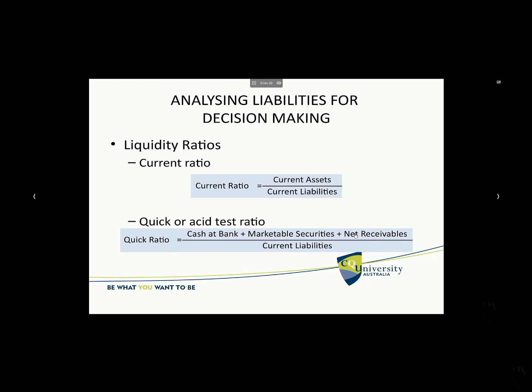You'll note that the asset not appearing in the numerator, on the top line there, is inventories, because it takes time to convert inventories into cash. Rule of thumb, the quick ratio should be around 1. So, okay, 2 for current, 1 for quick.